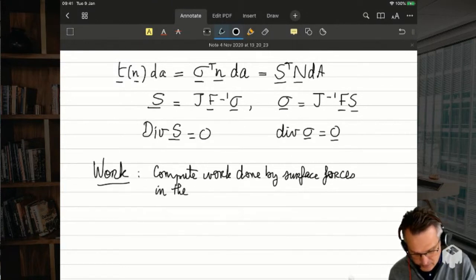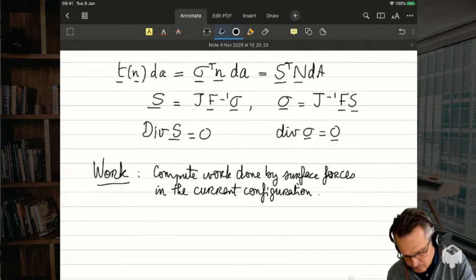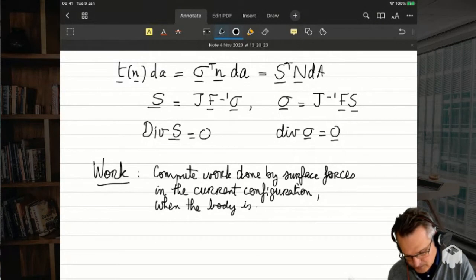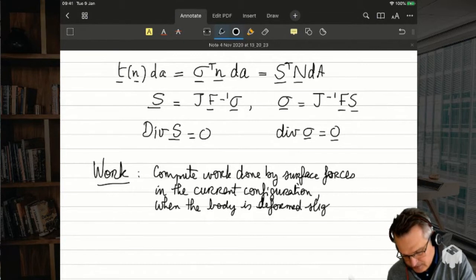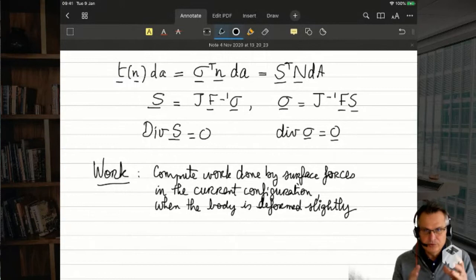In the current configuration, when the body deforms slightly, if you remember from first year, you compute the work for a little displacement and then you integrate over a long path.